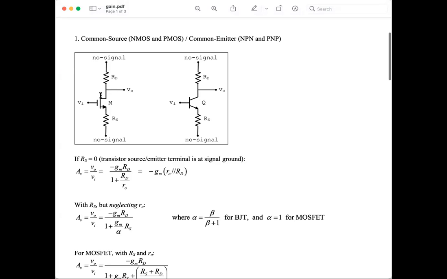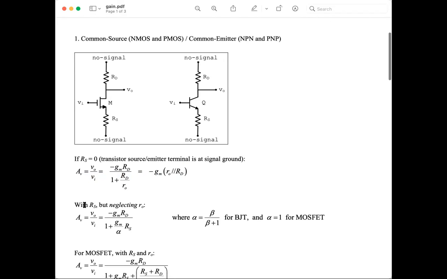So this is the circuit that I need, and I am given that if RS is 0, then the gain is VO over VI equals minus gm RO parallel RD. And this is something that we're familiar with. This is minus gm R'L, the formula for common source.